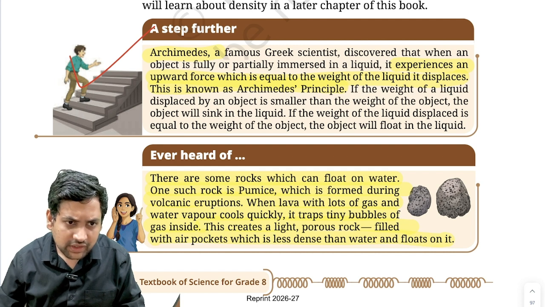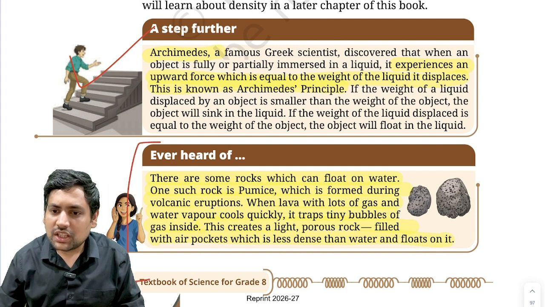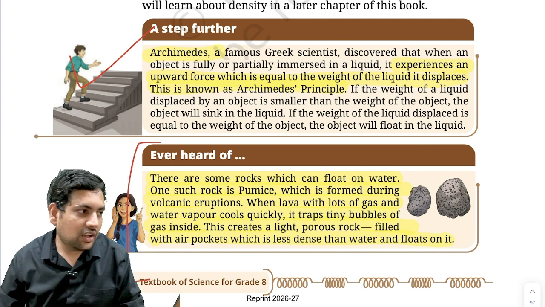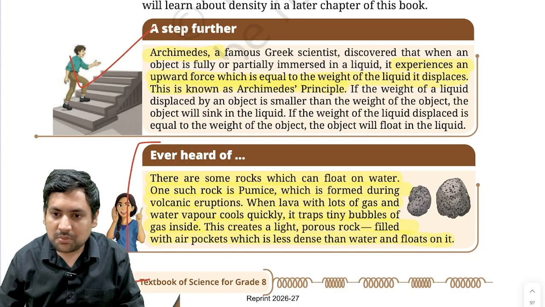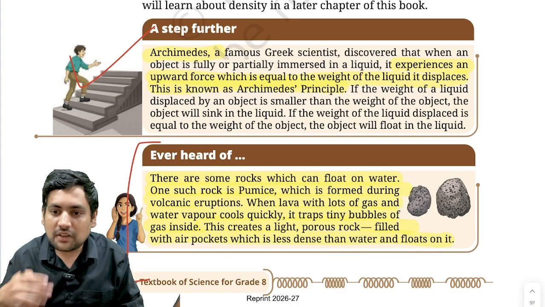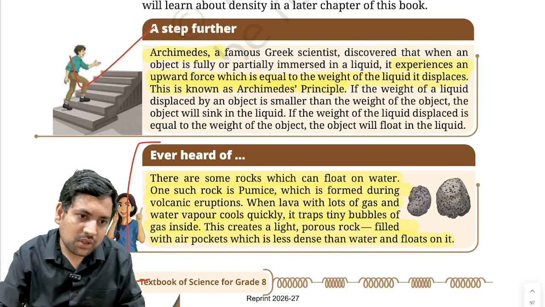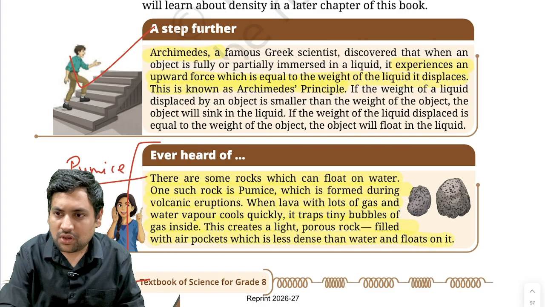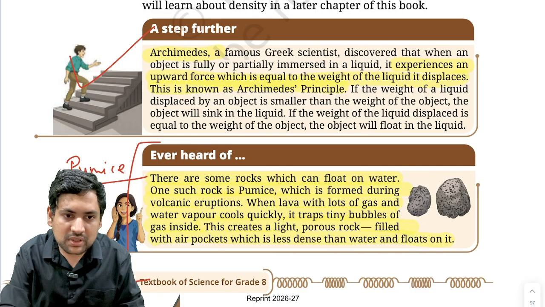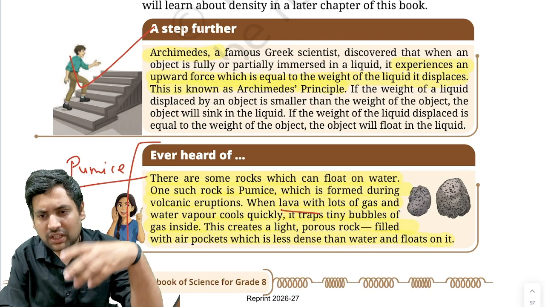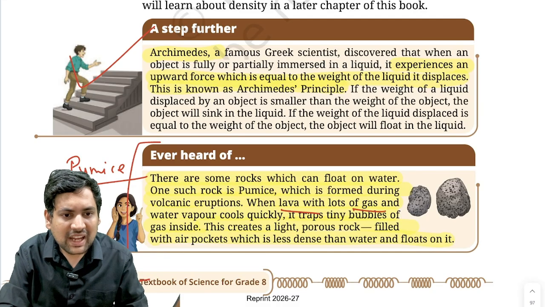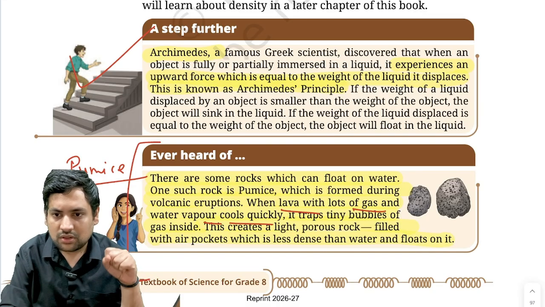Then you must have seen of some rocks that are floating. Like you might have heard of some rocks between India and Sri Lanka that are floating. It has mythological story also attached to it. Now, what are those? One of the types of rocks that can float is pumice. Now, pumice is what? So basically, this is when volcanic lava is cooled down. A lot of gases, water vapor also cools quickly.